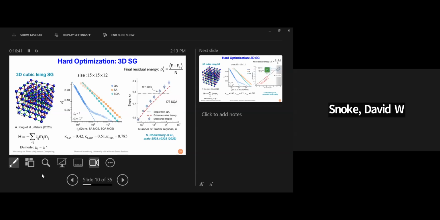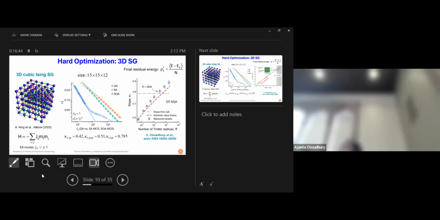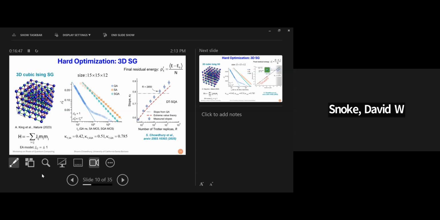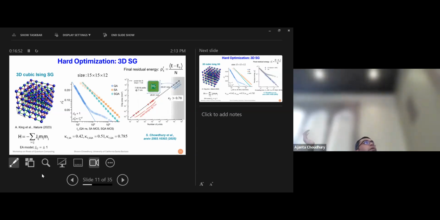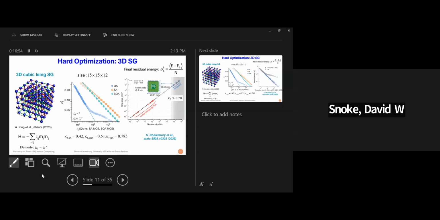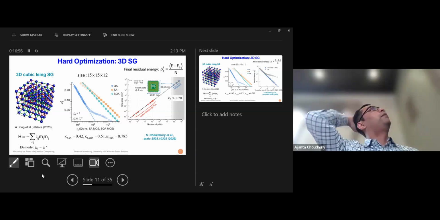Now the other question is, does this 2,800 replica count make sense, and can you put it into physical hardware? That's where our collaborators from CMU, Professor Srimani's group, helped us a lot.